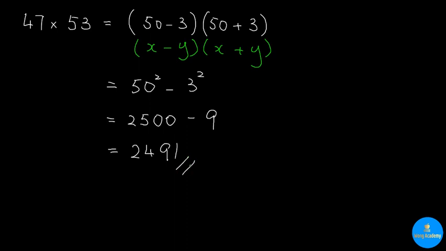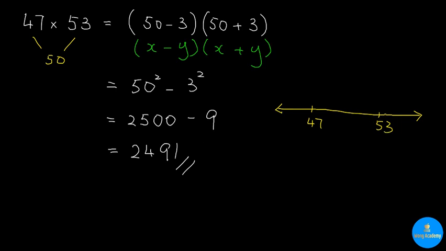Alright, that's good. But when we were given two numbers to multiply, how did we realize what x and y are? The way to think about it is as follows. 47 and 53 have the midpoint 50. By midpoint, I was thinking about the real number line with two numbers 47 and 53 on it.